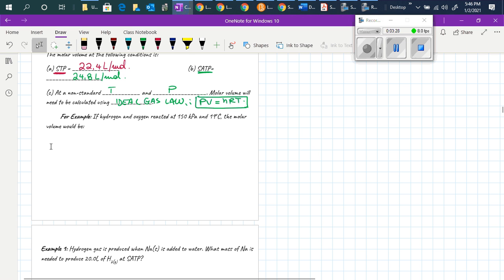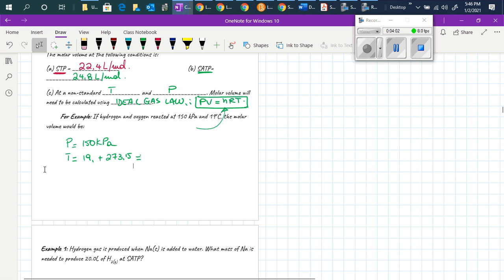In this case, what we will do is use PV is equal to nRT. So pressure is 150 kilopascal. Temperature will be 19 degrees Celsius plus 273.15 to convert it into Kelvin. And R is the constant, and we are looking for the molar volume.